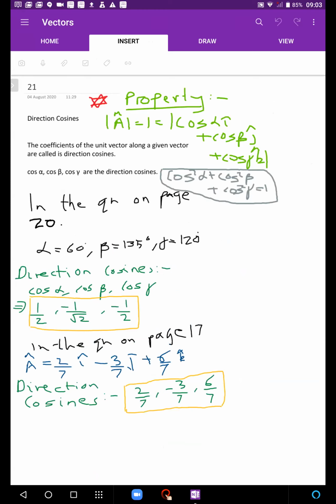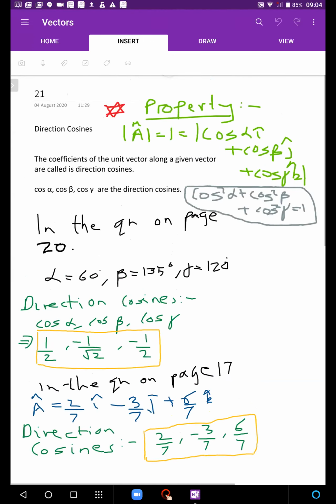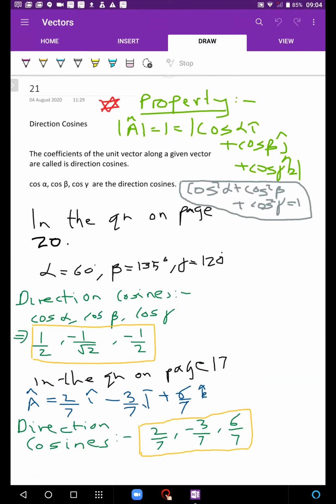Continuing the same idea. Now those angles have a very important name and very important property as well. Okay. So the cos of those angles that you just saw, cos alpha, cos beta, cos gamma, जो unit vector में appear होता है, they are given a name.